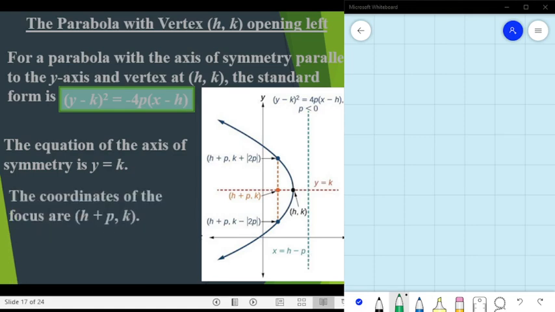Then, the coordinates of the focus, naa na nimo ang imong h, imong vertex with p. So, h plus p, then k. Okay, then the equation of the directrix is x equals, kay imong directrix is parallel to the y-axis. So, x equals h minus p.